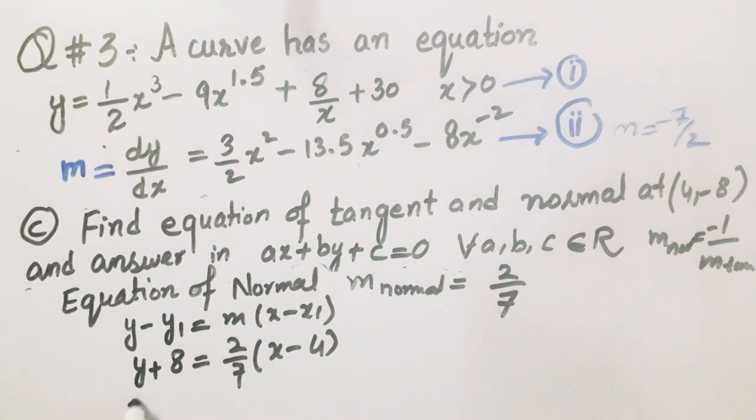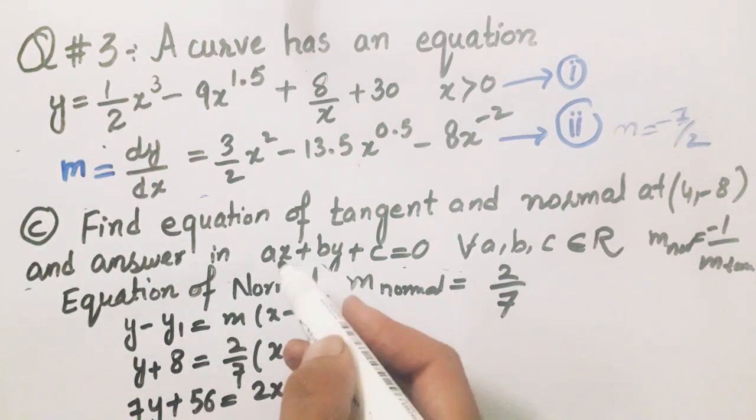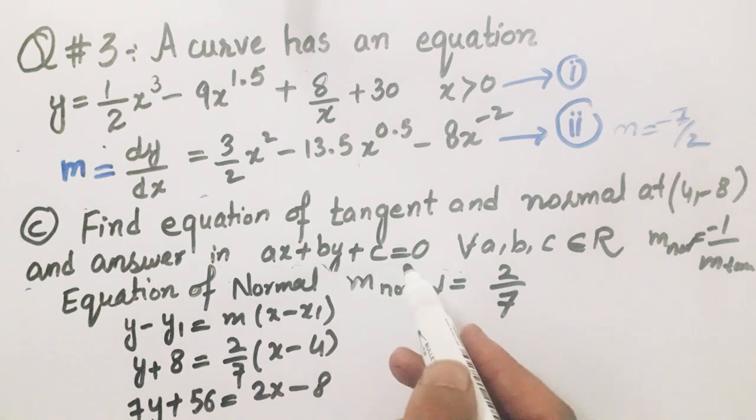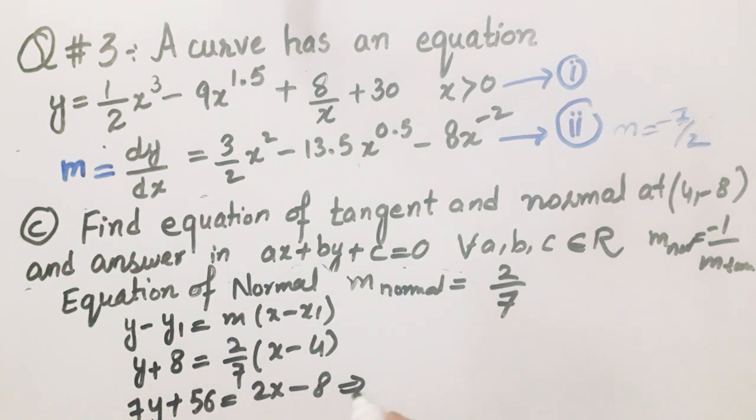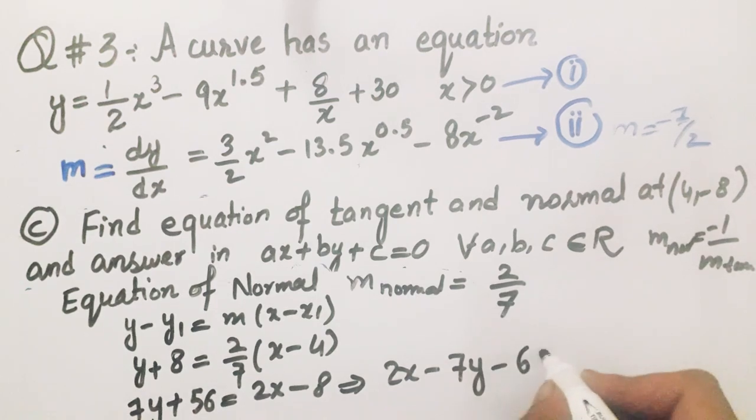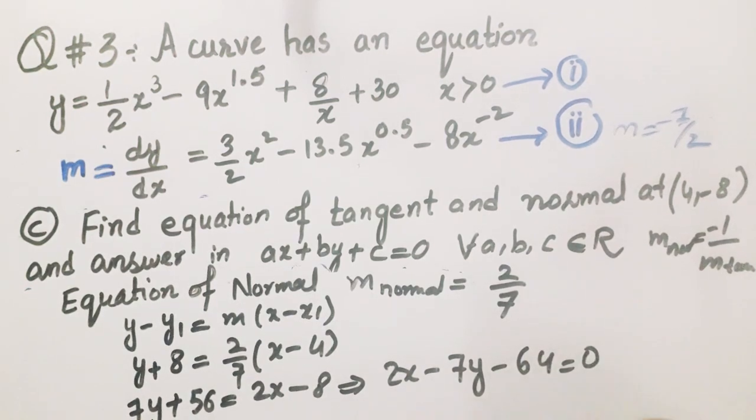By taking LCM, this is 7y plus 8 into 7 is 56, which is equal to 2x minus 8. Now we will write this equation in the form ax plus by plus c equal to 0. So we can write 2x minus 7y and minus 8 minus 56 will be minus 64, which is equal to 0. So this is the answer of this question.